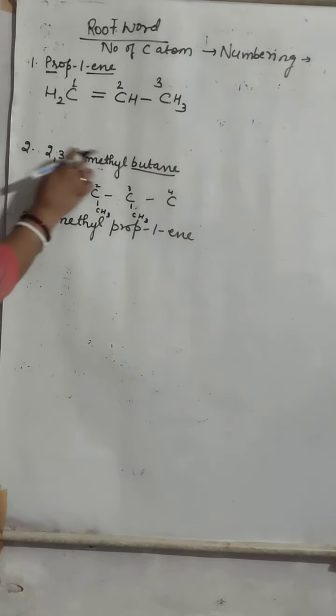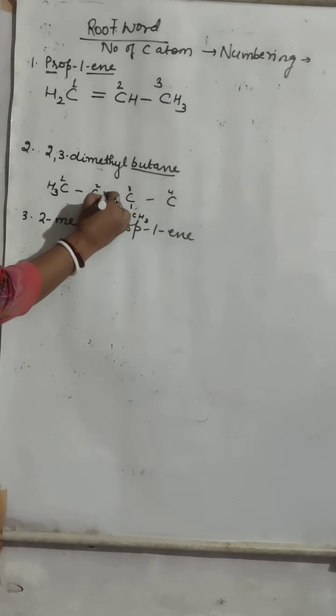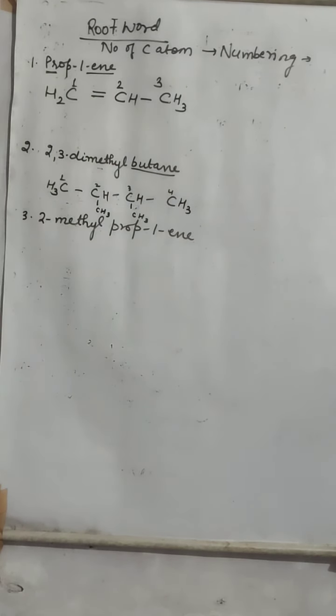We have made 2,3-dimethyl and butane. Now satisfy all the valencies of carbon by hydrogen. This carbon will be satisfied by 3 hydrogens. This requires only 1 hydrogen, and this requires 3 hydrogens.